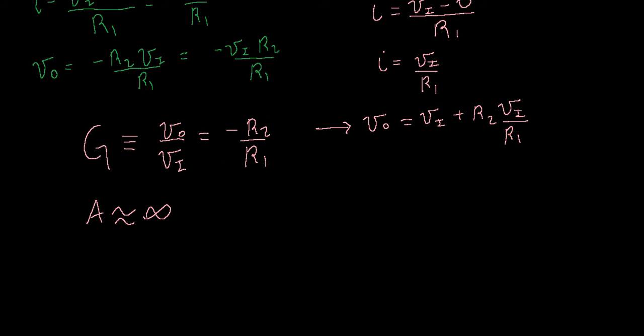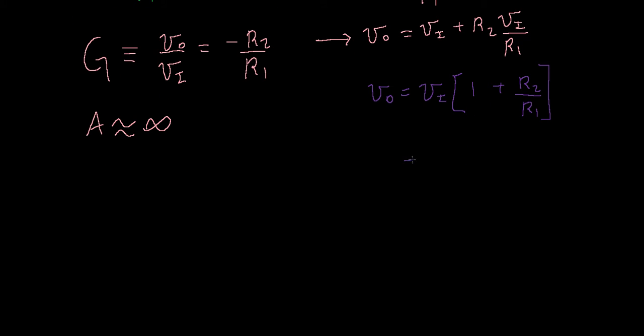Then finally, let's just factor out the VI, so V naught is equal to VI times 1 plus R2 divided by R1. This can also be rewritten as VI times R1 plus R2 divided by R1. This is V naught. So again, we have found the gain.